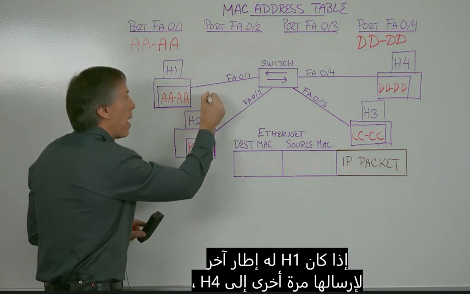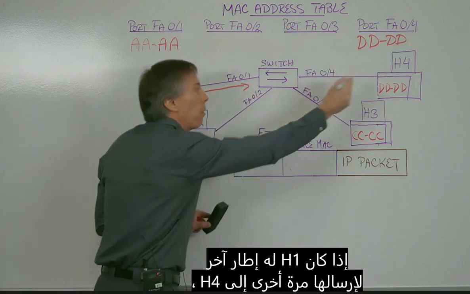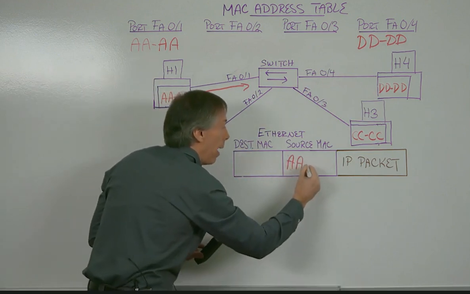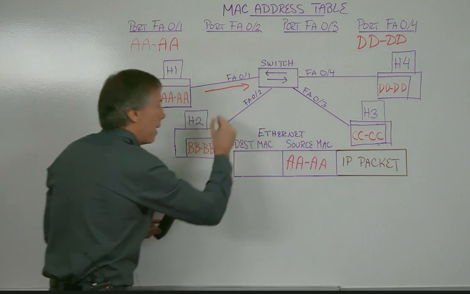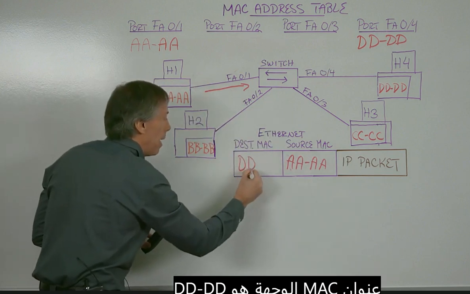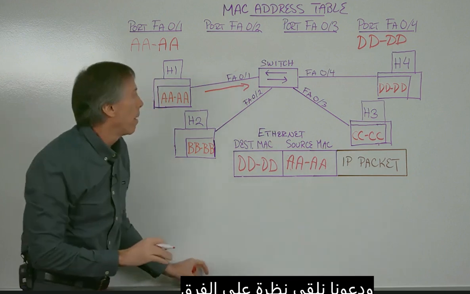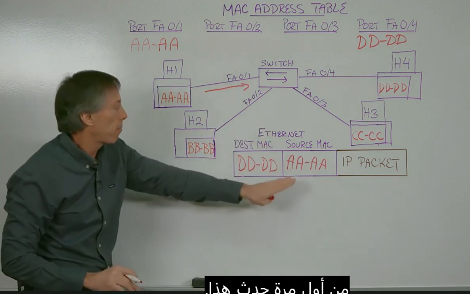If H1 has another frame to send back to H4, the source MAC address is AA:AA, the destination MAC address is DD:DD. And let's take a look at the difference from the first time this happened.